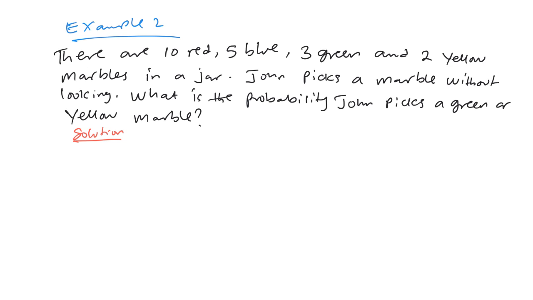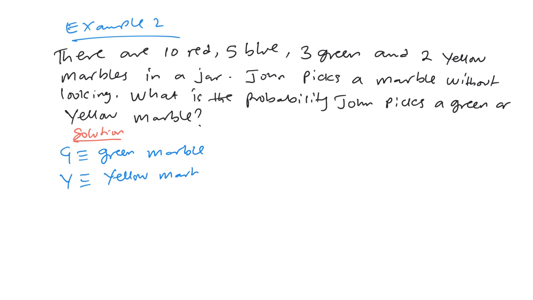Let's look at this question. It is a very simple question. This box has 4 colors, and the colors of our interest are green or yellow. So we shall use G to stand for green marble, and we shall use Y to stand for yellow marble.